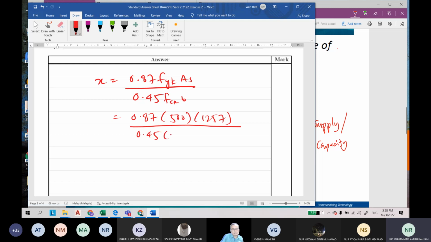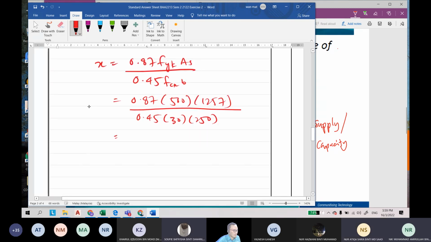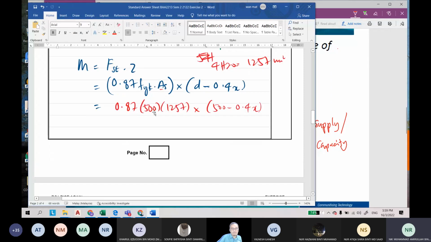What is the value of FCK? 30, right? 30 times 250. What is the value of X? 162.01. Okay, so you substitute the value of x here.